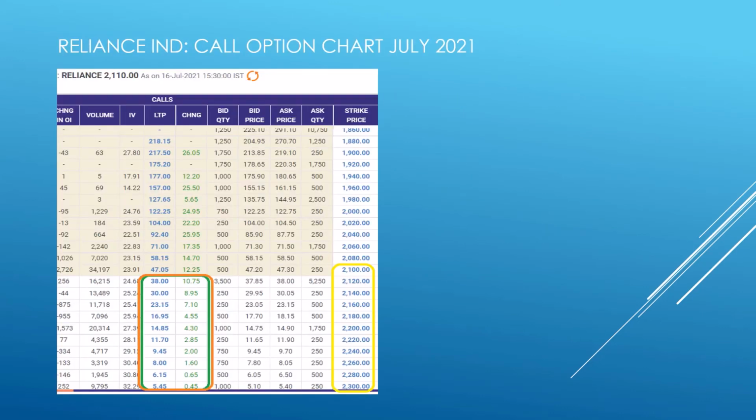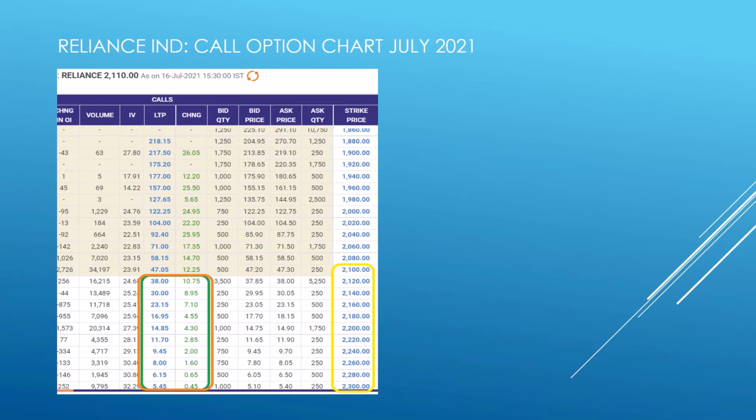Now let's look at a real example. We have the call options displayed here for Reliance Industries for July call option chart. I have highlighted in yellow the various strike prices. Currently, the Reliance Industries stock is trading at 2110. In fact, today's closing was 2110, and you can see the price of various call options encircled in green and orange here.